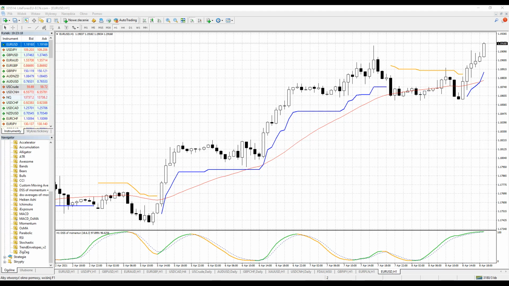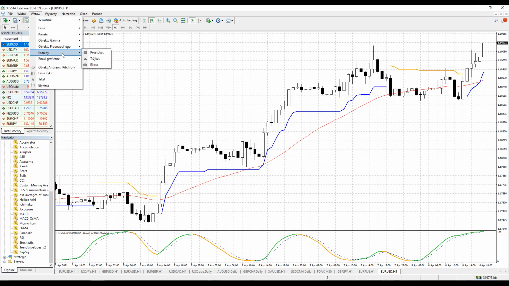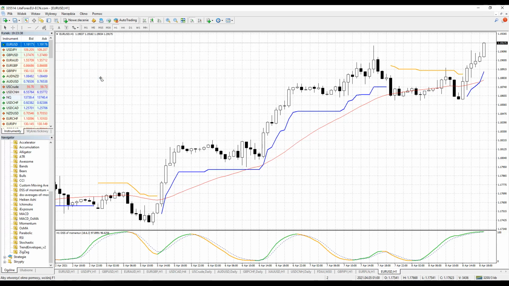So let's discuss the conditions to open a long position. First thing first, we have the price break through the orange line, for example here. Here we have a break of the orange line of the trend envelope, at the same candlestick.